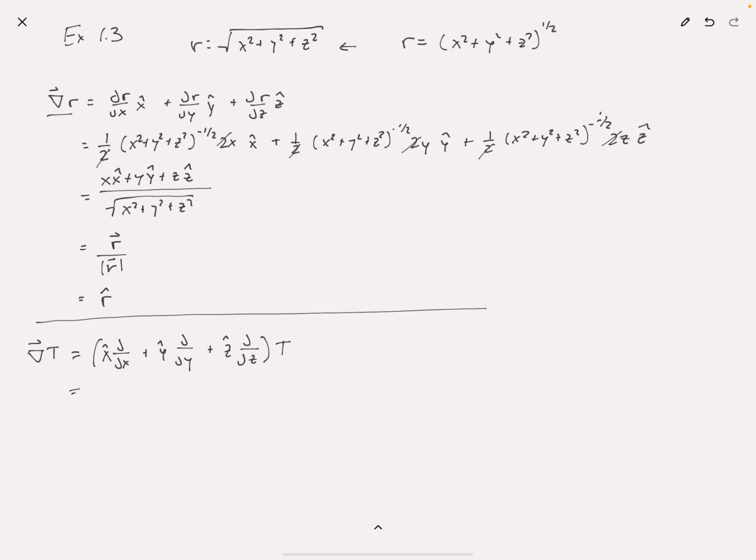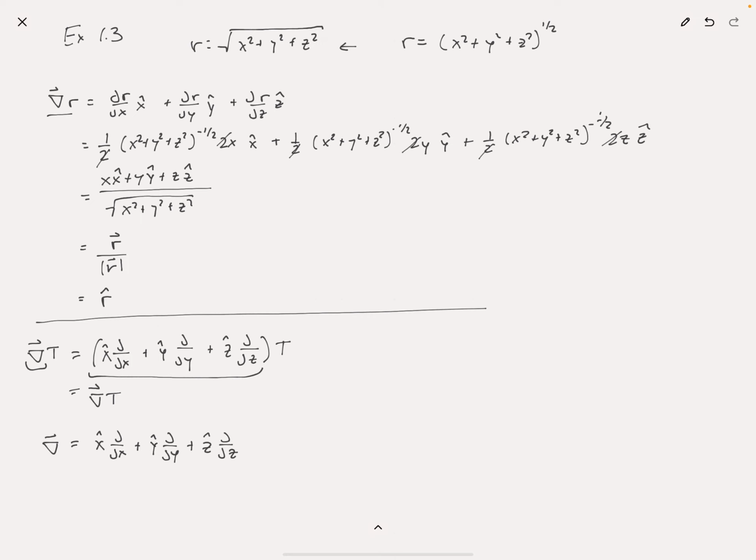This bit right here has a special name. That is the del operator. All right, del operator acting on the function, del operator acting on the function. So my del operator is x hat d/dx plus y hat d/dy plus z hat d/dz.